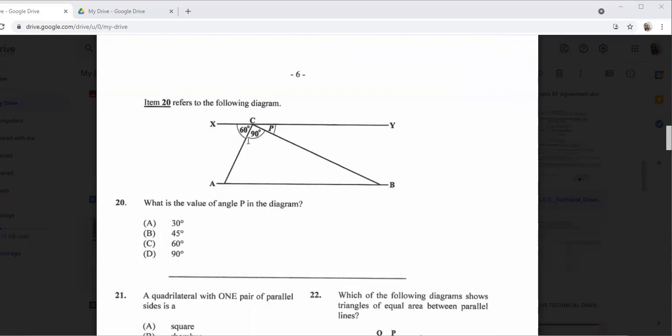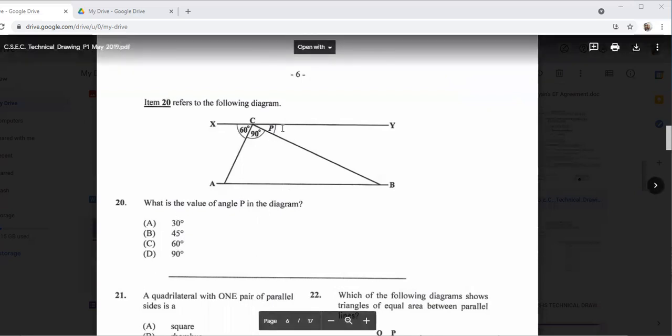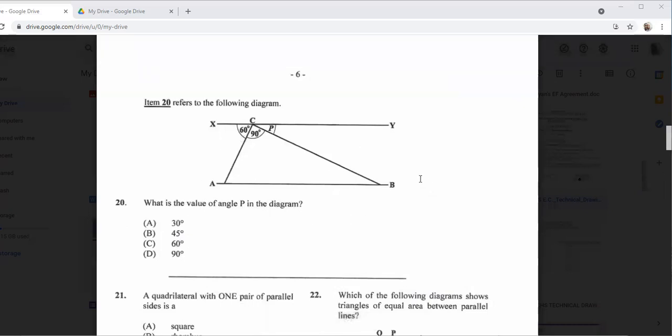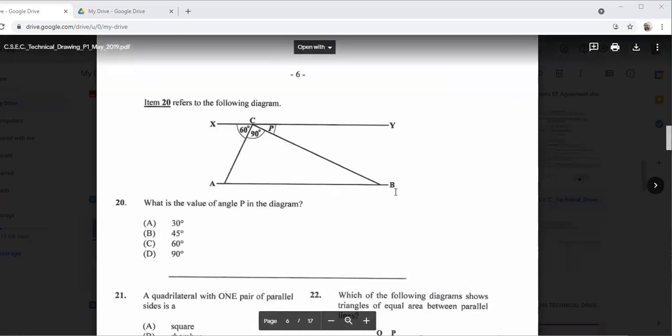Here we have 90 plus 60, which is 150. When we subtract 150 from 180, we're left with 30. So this angle is 30 degrees. They tried to put this in the form of a triangle to confuse you, but don't be fooled by that, okay?